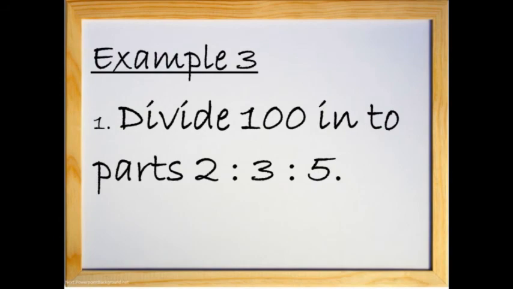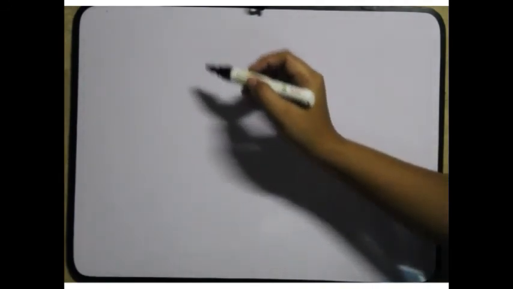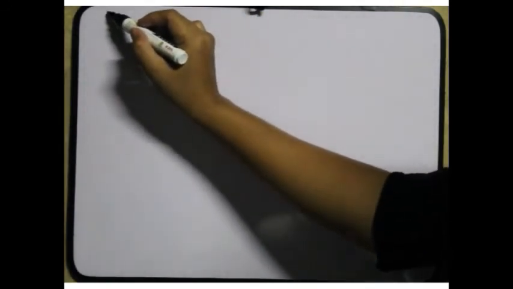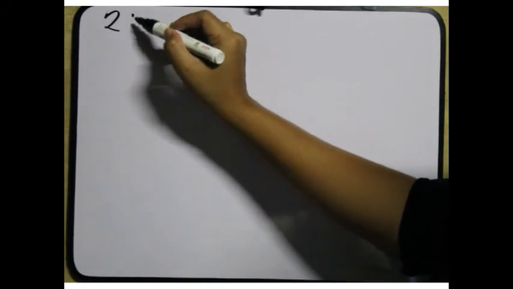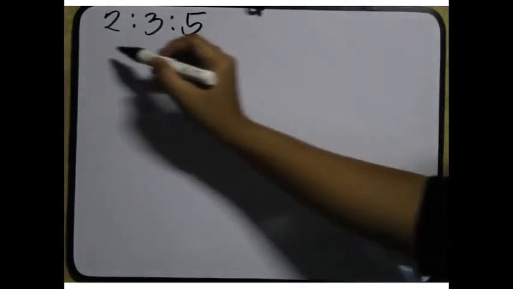Divide 100 into parts of 2 is to 3 is to 5. For our last problem for partitive proportion, divide 100 into parts of 2 is to 3 is to 5. So our given ratio is 2 is to 3 is to 5, and we need to divide 100.